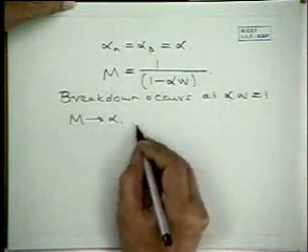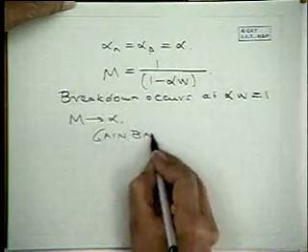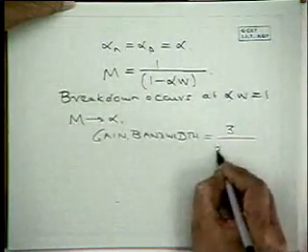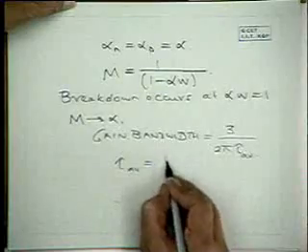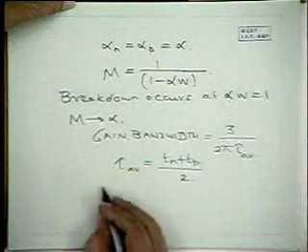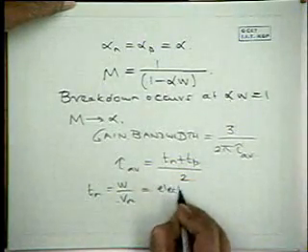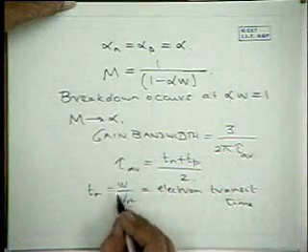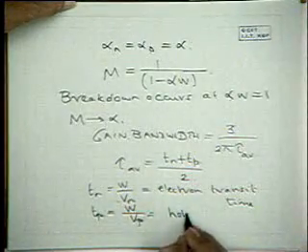We have a condition that if M tends to infinity, under this condition, the gain bandwidth is equal to 3 by 2 pi tau average, where tau average is just Tn plus Tp over 2, where these are the transit times, where Tn is W by Vn, the electron transit time through the width W, and Tp is W by Vp, the hole transit time.